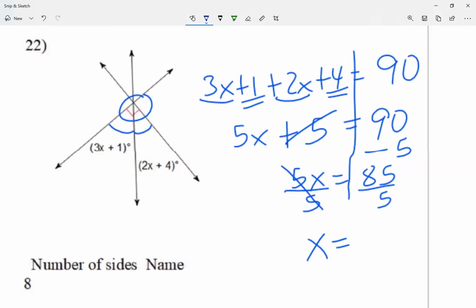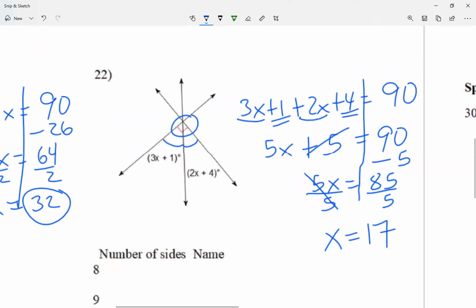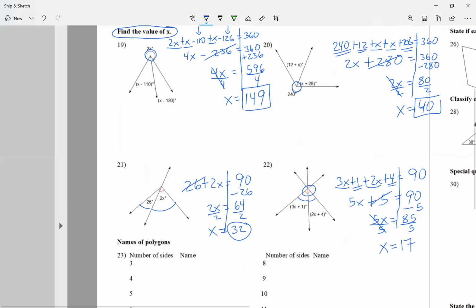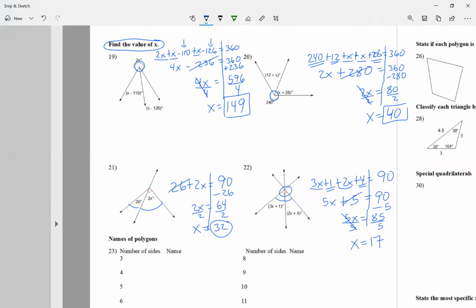So x equals 85 divided by 5. Use a calculator if you need to. 85 divided by 5 is 17. The instructions were find the value of x. x equals 17. Again, my answer should be numerical only. So don't type in x equals, just type in 17.